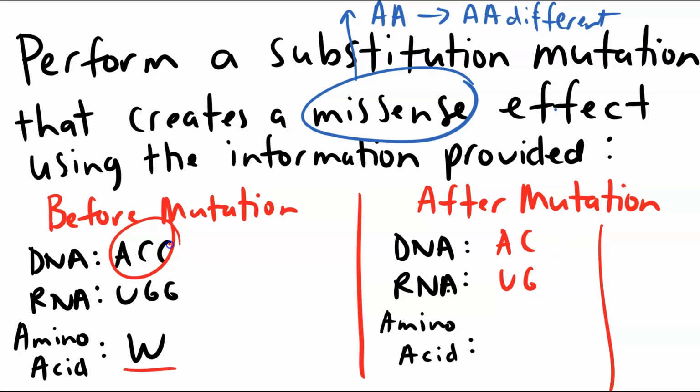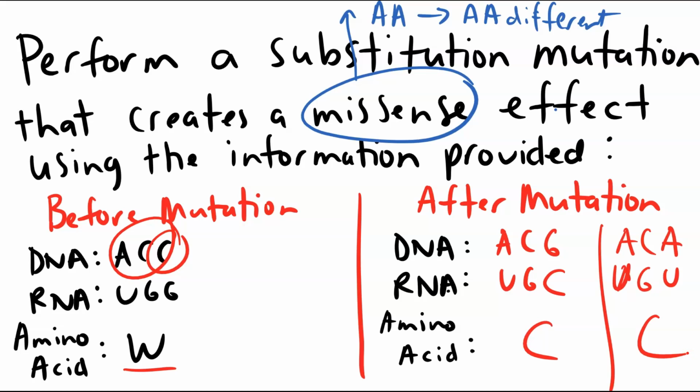If you change that original C to a G, that'll give you UGC, and UGC is going to give you cysteine. Similarly, if you change that last letter to an A, which gives you UGU, UGU also gives you a cysteine. So there's two different ways to make a missense with the genetic code for tryptophan to make cysteine.